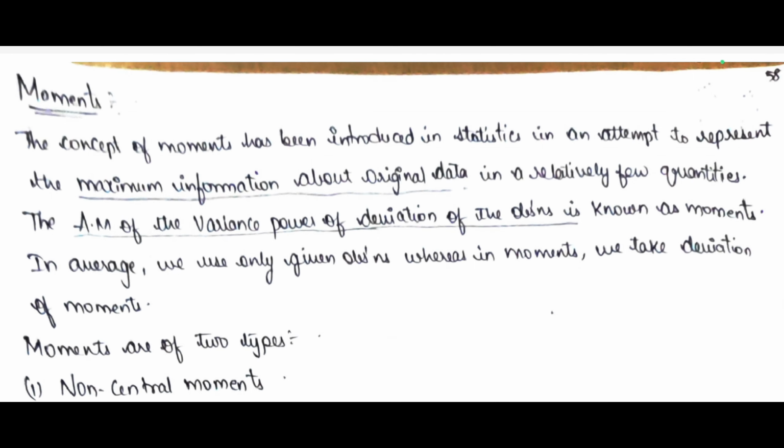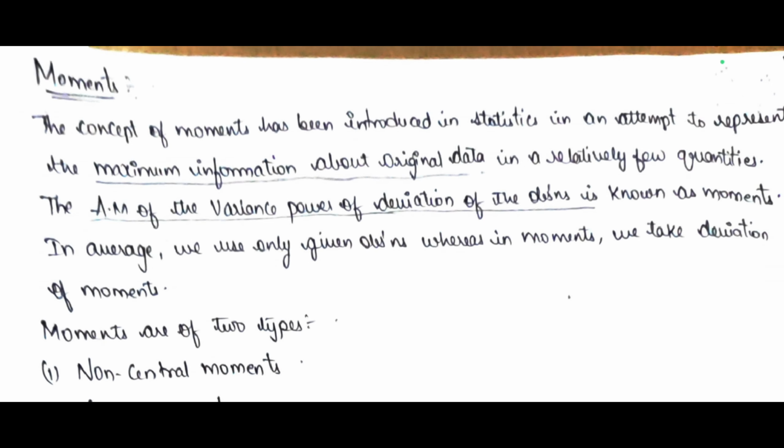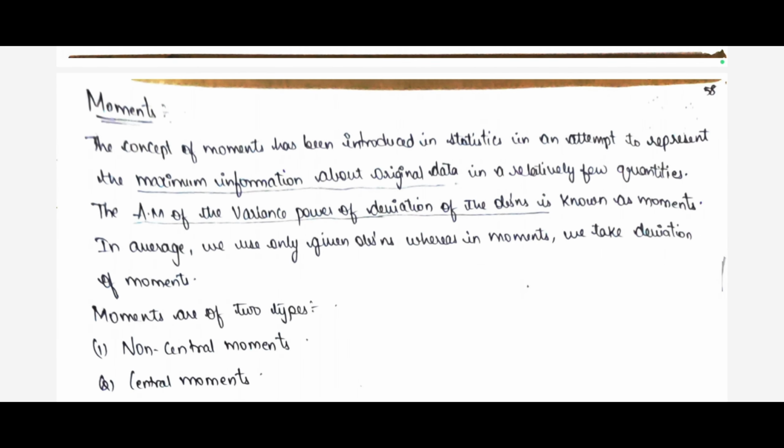The arithmetic mean of the various powers of the deviation is known as the moments. So various powers we are going to calculate. In average, we use only the given values, whereas in moments we take the deviations.